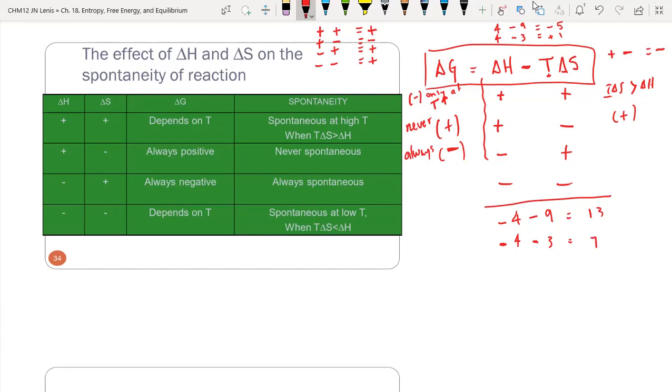So it will be spontaneous, delta G will be negative, only at lower temperatures. That will help us make predictions on the spontaneity of the reaction.